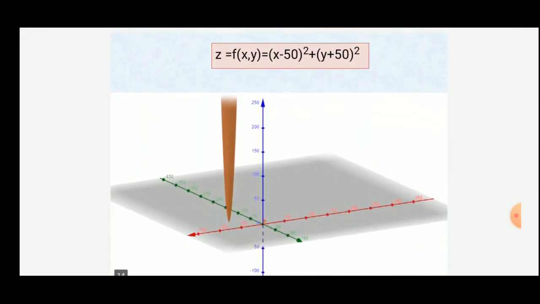The next one is z equal to x minus 50 square plus y plus 50 square. So it will be again a paraboloid but situated somewhere at a different point. So it is situated at 50 comma minus 50, and the level curves will be also circles, but these level curves will be centered at 50 comma minus 50.